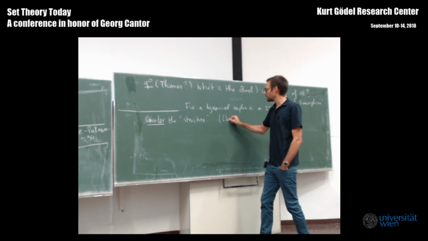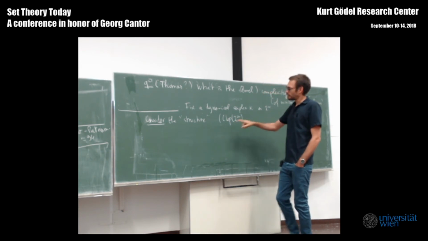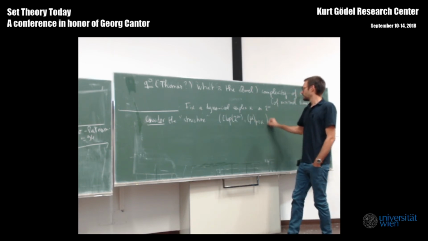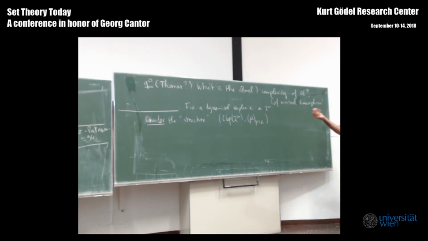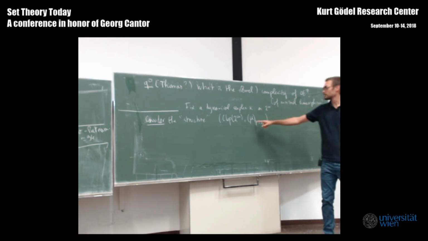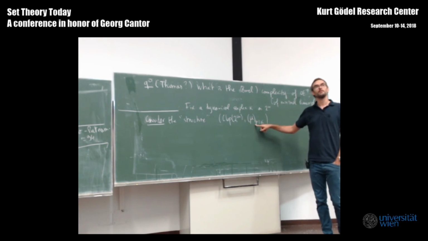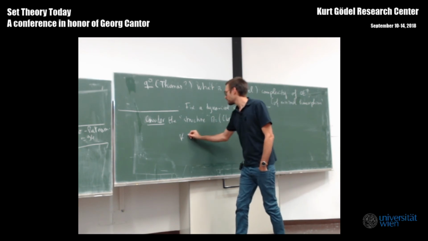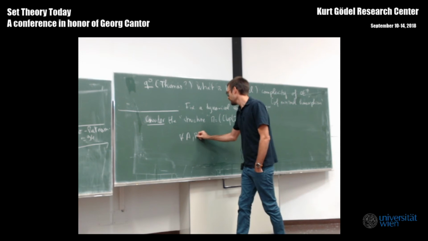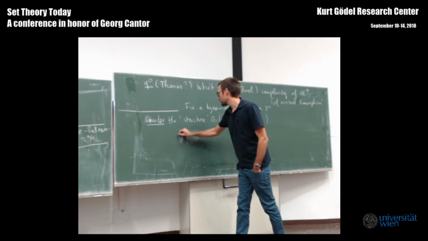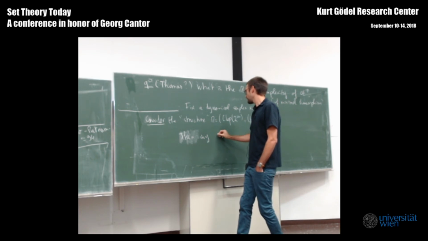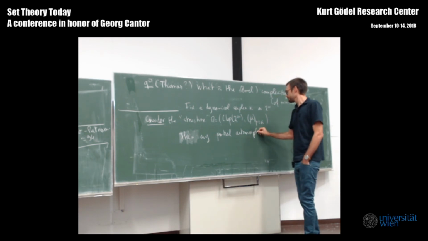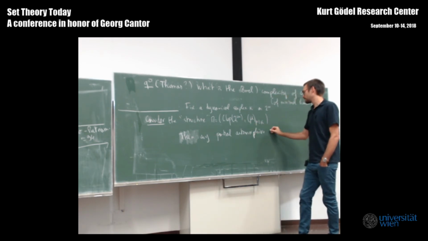You consider the structure which is the clopen algebra with the language of Boolean algebra, and all measures in K. So I had a function in my language for every measure in K. This means for any A, I know how to compute mu of A for any mu in K. And what we had was that for any partial automorphism with finite domain, finite meaning a finite subalgebra here.